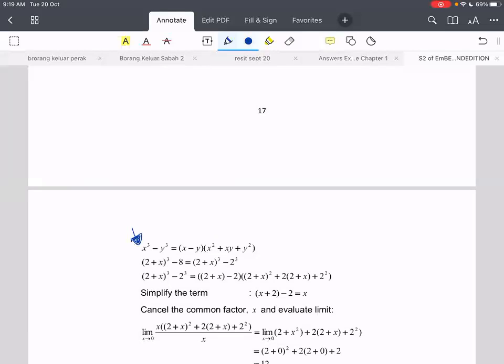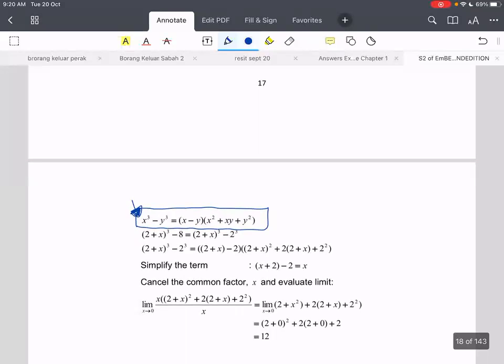This is the shortest way. There's a rule that you can memorize it. So in short, if you plug in, you will get the solution.